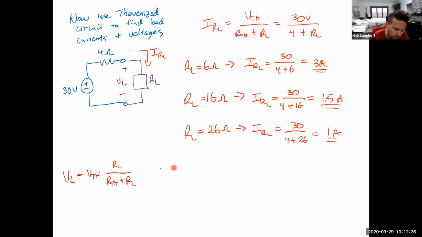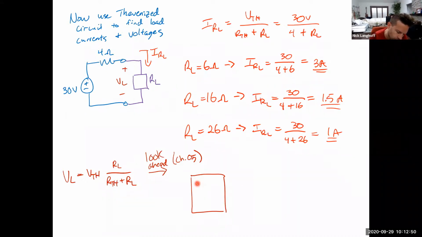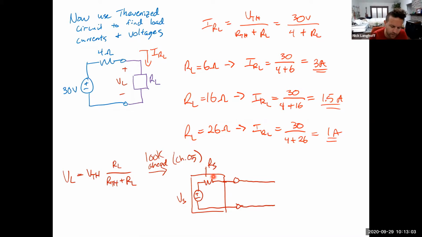So just a look ahead. We're going to see this in chapter 5. When you have one sub-circuit like this, a source Vs with a series resistance Rs, and you connect that into, let's say this was a microphone.